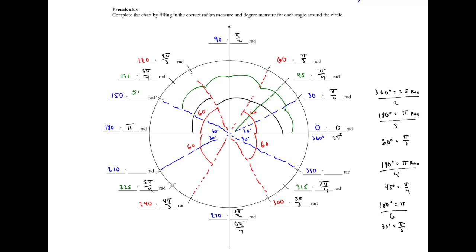So 150 degrees is 5/6 pi. And then you're at 6/6, which is pi. Now you're at 7 pi over 6. And you go all the way around. 8 pi over 6, 9 pi over 6, 10 pi over 6, and then that last one is 11 pi over 6. And then you would go one more, and that would give you 12 pi over 6, which is 2 pi.